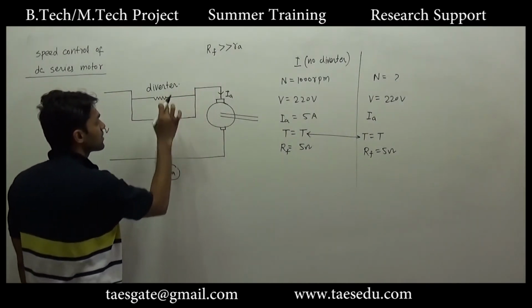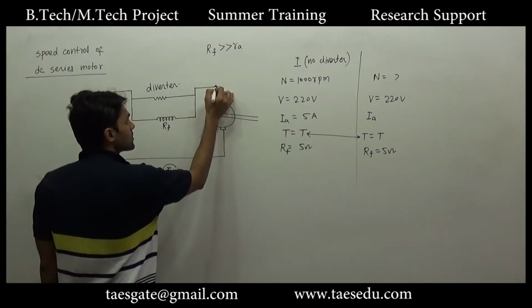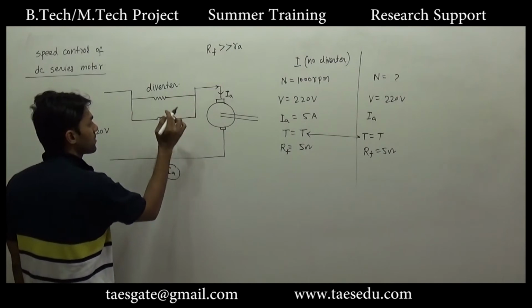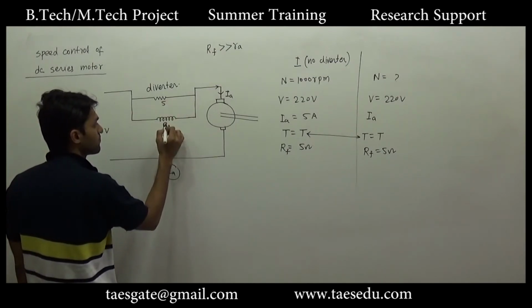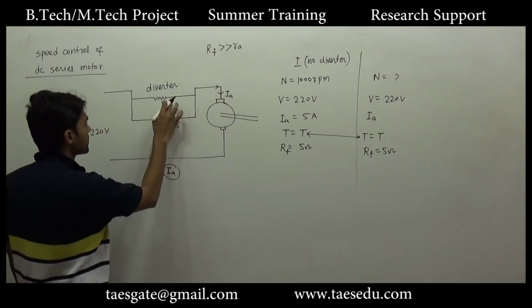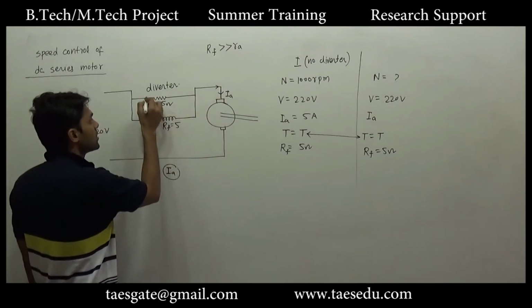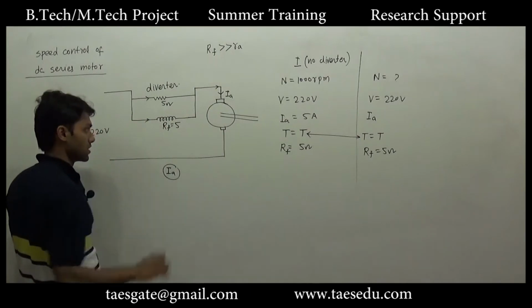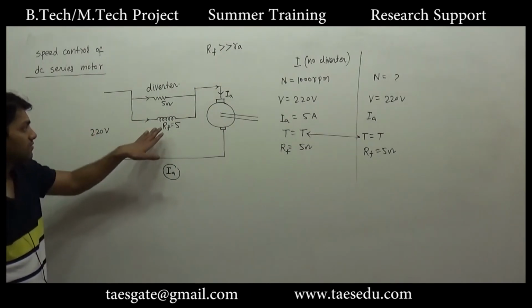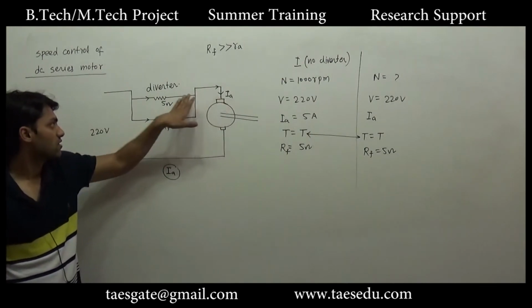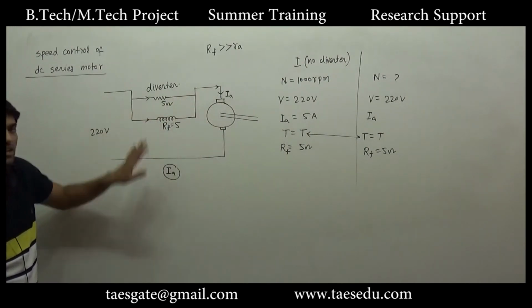So whatever current is entering here will be divided equally if the resistances are same. The diverter resistance is also 5 ohm, so the armature current will be divided equally in these two resistances. If these resistances are not same, this armature current will be divided according to the current division rule.